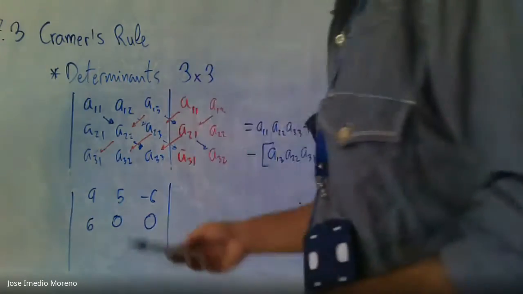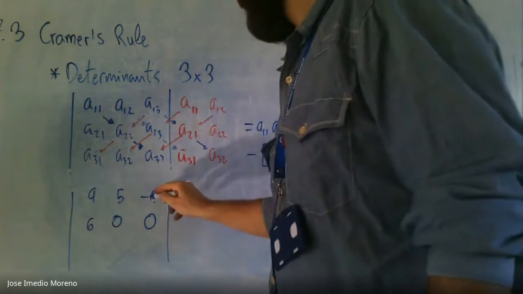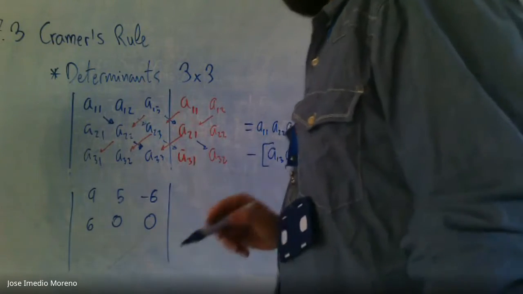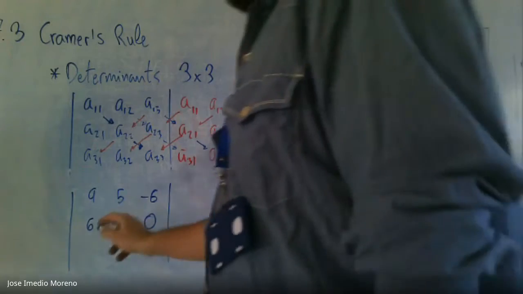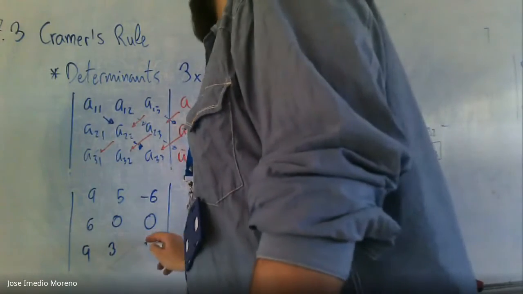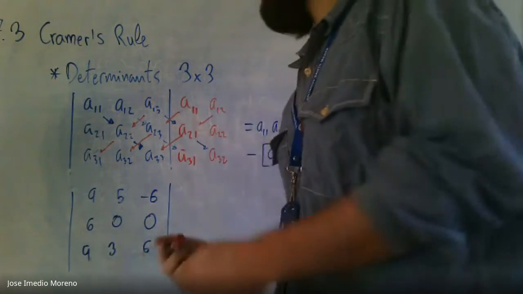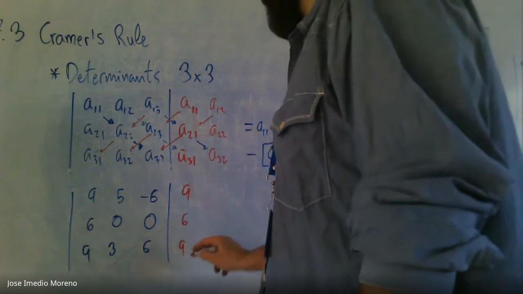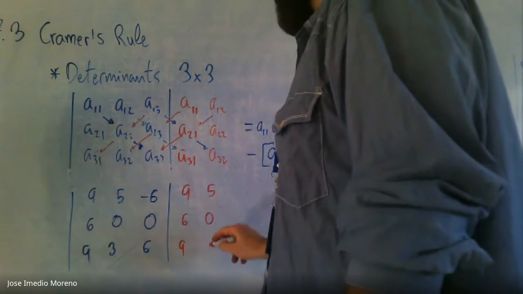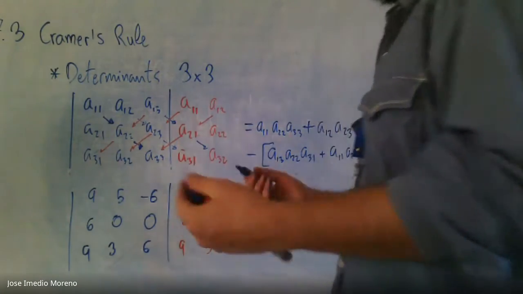So this is 9, 5, minus 6, 6, 0, 0, 9, 3, 6. First step, we copy the first two columns here: 9, 6, 9, 5, 0, 3. And then we start computing.